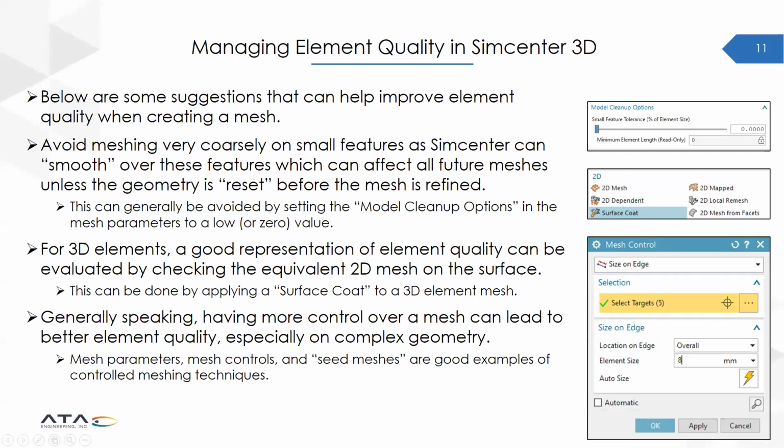Okay, so managing element quality in Simcenter 3D is somewhat of an iterative process, but below here are some suggestions that can help improve element quality when creating a mesh.